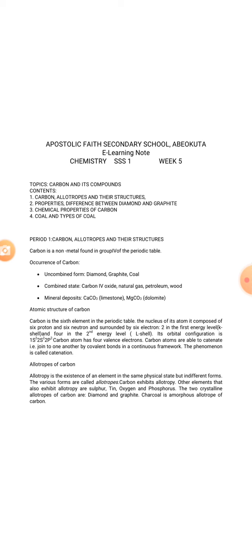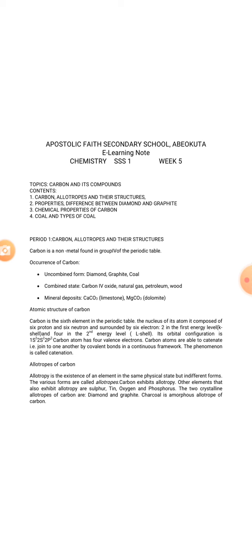So the first thing we want to consider is the occurrence of carbon. What are the forms in which carbon exists? Number 1, we have the uncombined form of carbon, which is diamond and graphite. Diamond and graphite, they are pure forms of carbon, just carbon alone, no other element combined with it. And number 2, we have the combined form of carbon.